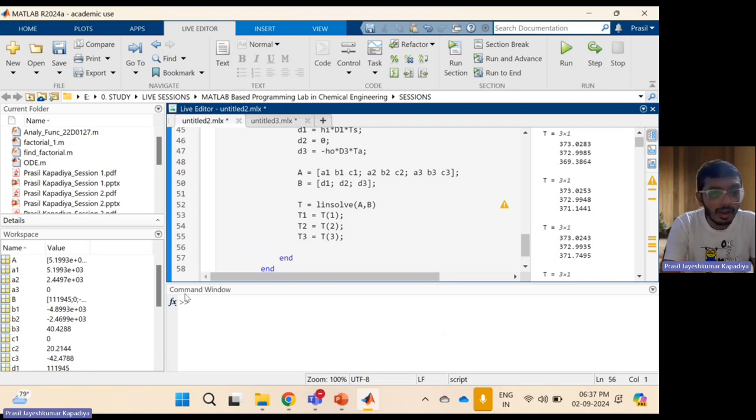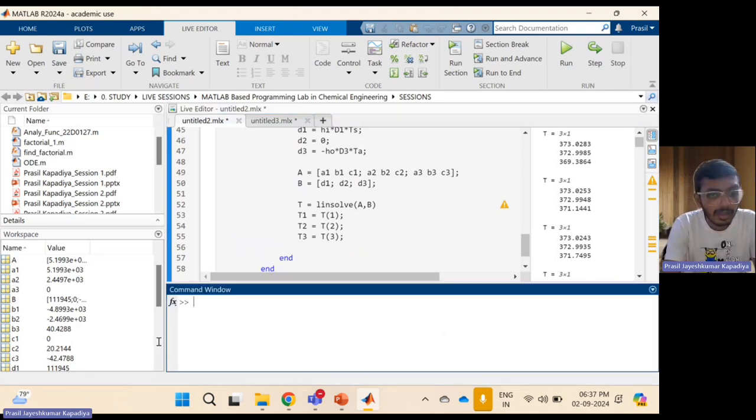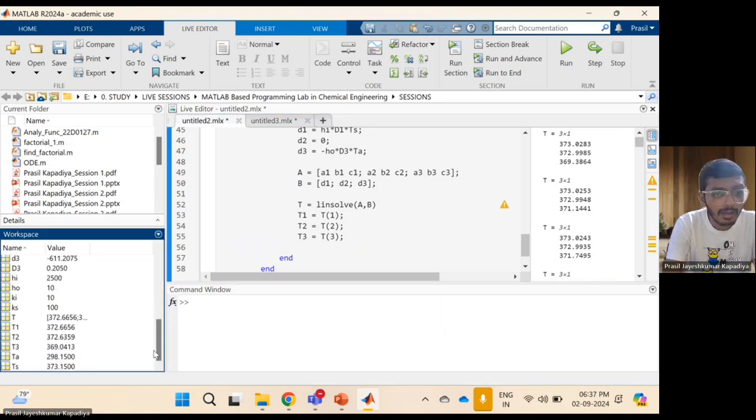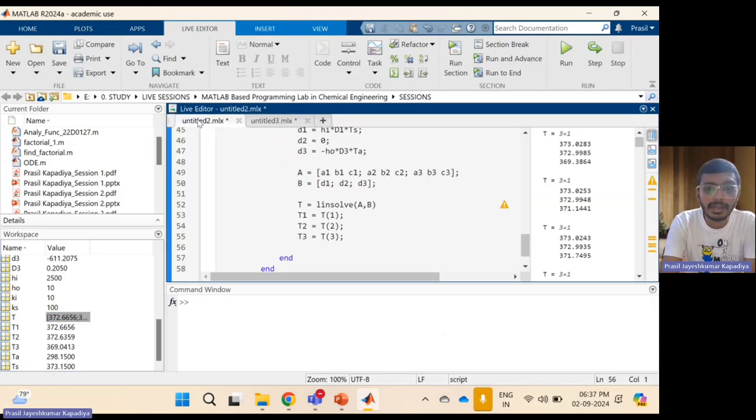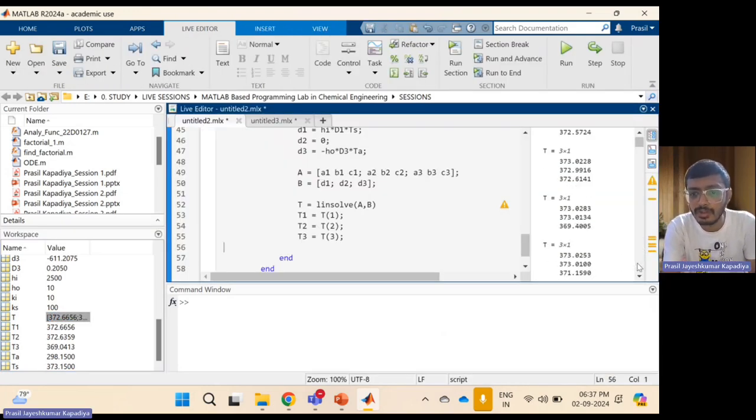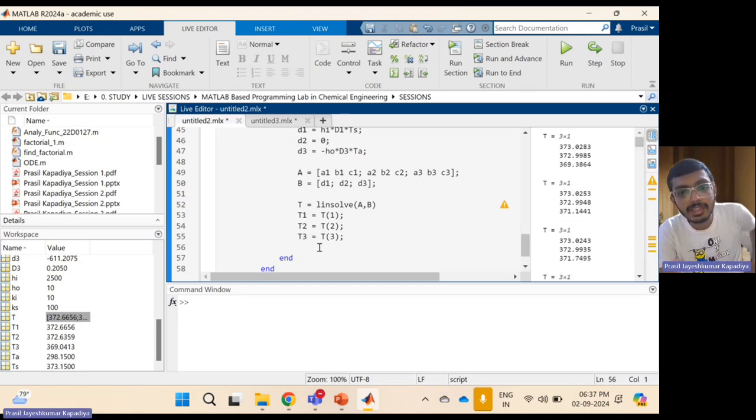So see, here every value is not getting printed. It's only printing the final values. It's not printing everything, correct? But I want everything at once.